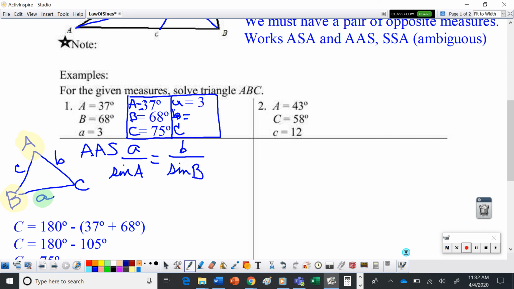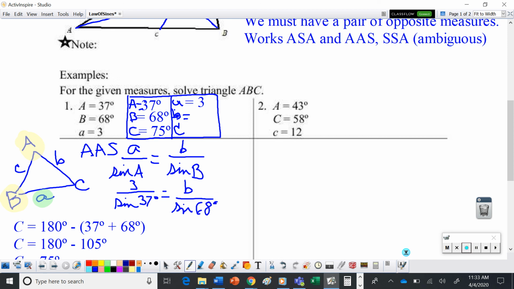Now at this point what we can do is sub in what we have. So side A is 3 over the sine of angle A, which is 37 degrees. And that's going to be equal to our B, which is unknown, what we're looking for, over the sine of angle B, which is 68 degrees.